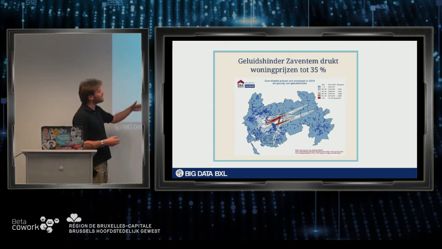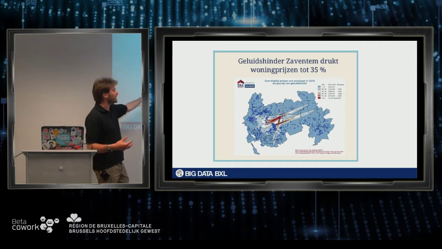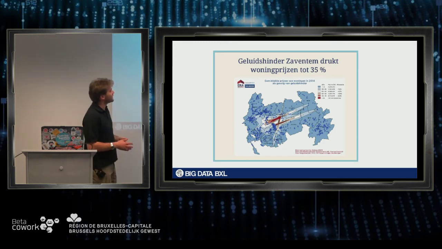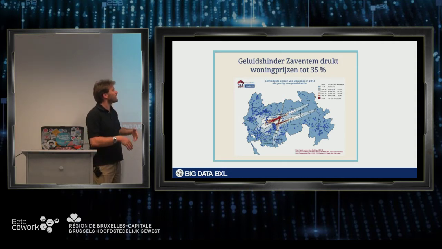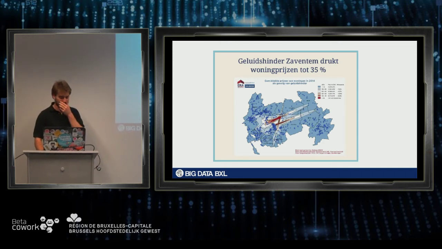You get a fairly clear idea at first glance of what's going on, namely that there are certain routes of planes landing and taking off around Zaventem, and you can see very clearly where this happens. That article talks about the influence on house prices.